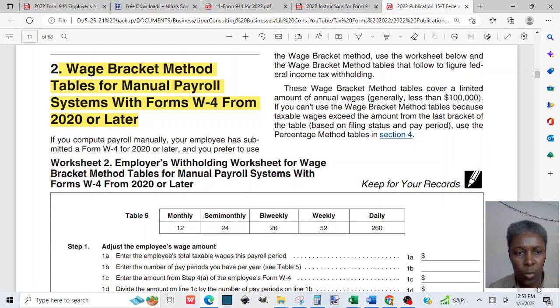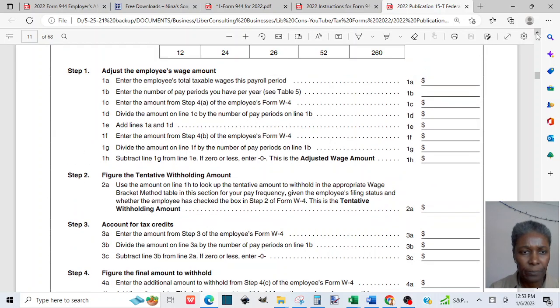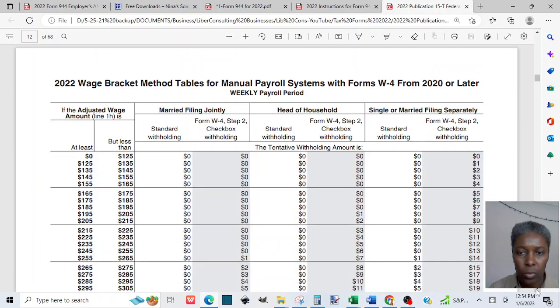So they have the W4 that you can go through, and pretty much check step 2, figure the tentative withholding amount. I will suggest when you are completing the W4, even if that's for yourself, you can just make it simple so that it's easy for you to determine the tax to withhold.